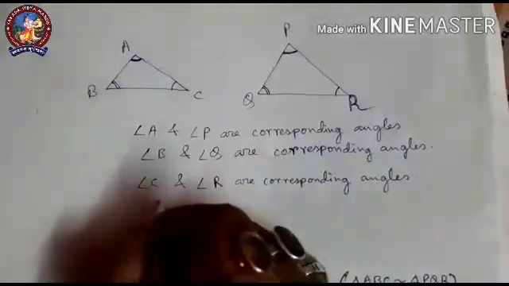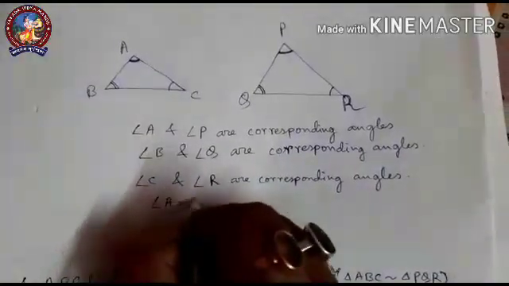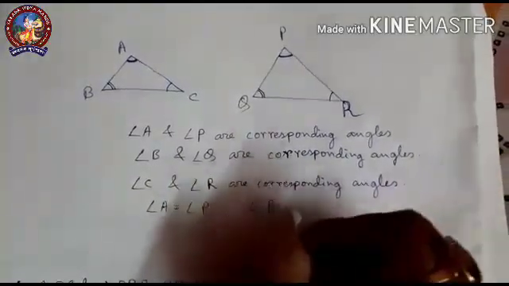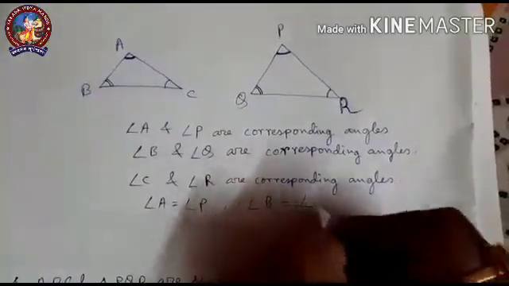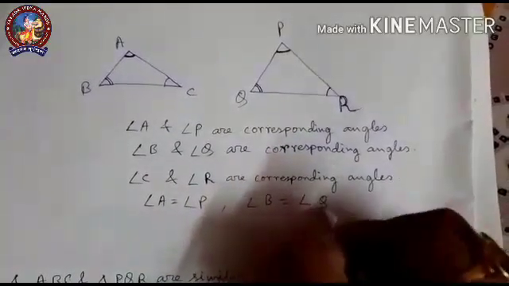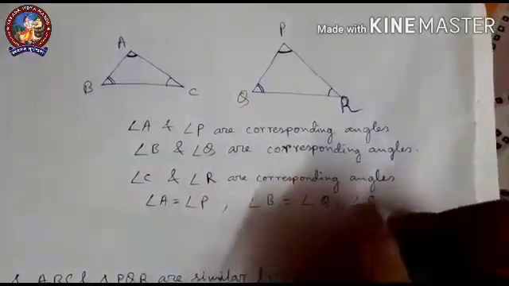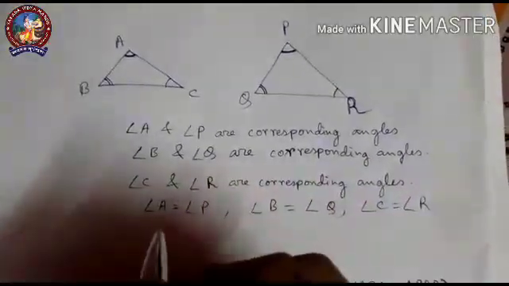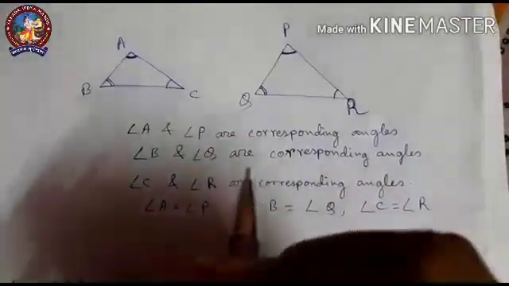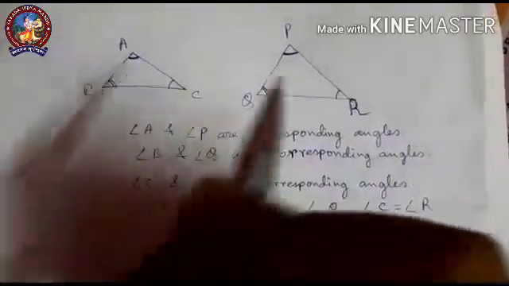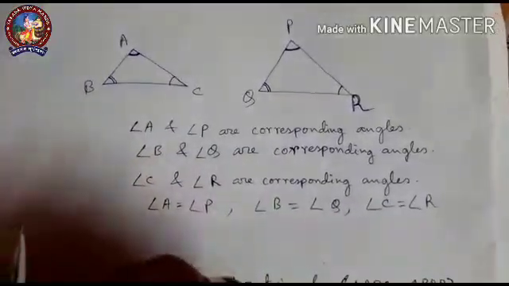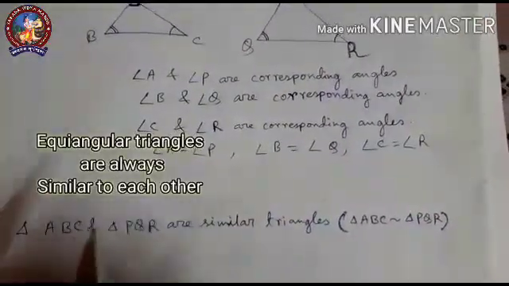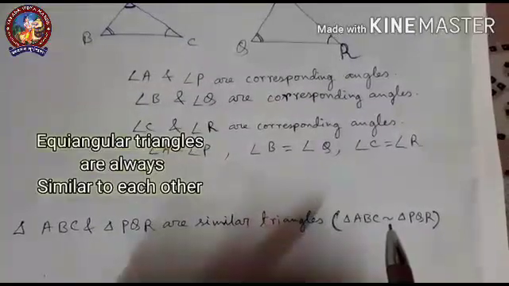That means angle A must be equal to angle P, angle B must be equal to angle Q, and angle C must be equal to angle R. If I can show this, then I can say that these two triangles are similar to each other. This is the sign of similarity.